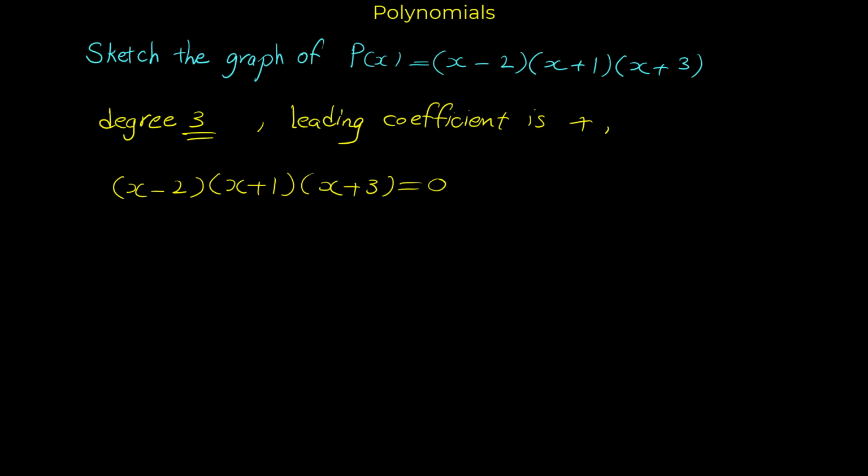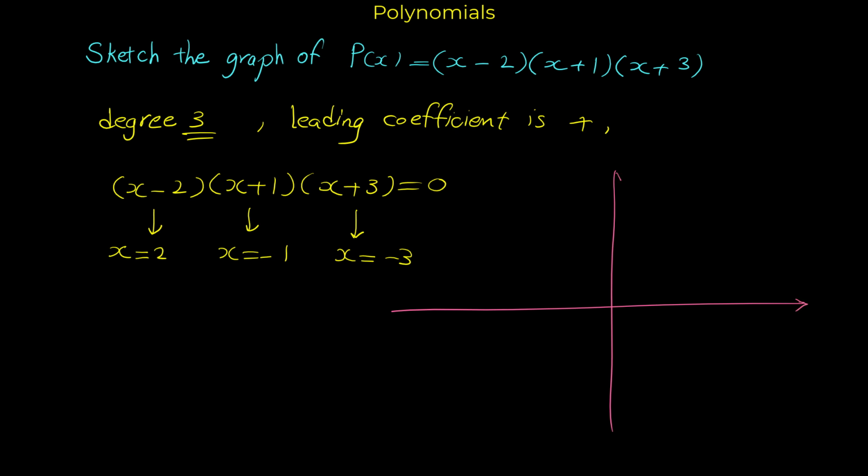So by setting each of these brackets individually equal to 0, we can find the x-intercepts. From here, x is 2. From here, x is negative 1. And from this bracket, x is negative 3. Now we have the x-intercepts, the degree of the polynomial, and we know the leading coefficient is positive. Everything is ready to graph the function.